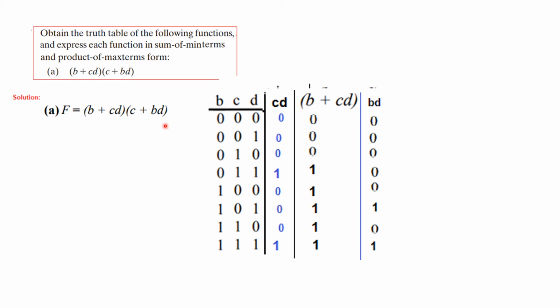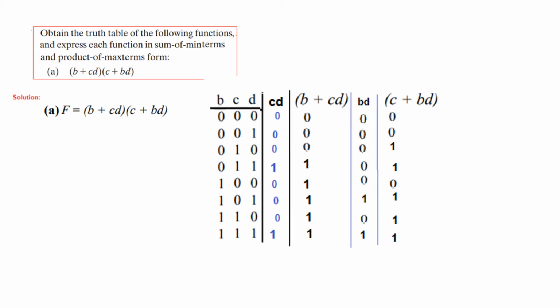And now we'll go for this C or BD, or C plus BD. So C plus BD, again BD we have and C we have, and this is an OR gate. So whichever is 1, we'll have a 1. So let's start from C. We have 2 here and 2 here, so straight away we fill those 2 from there and those 2 from here for C, and then look at BD where it is 1, so this point is 1, so we write 1 here.